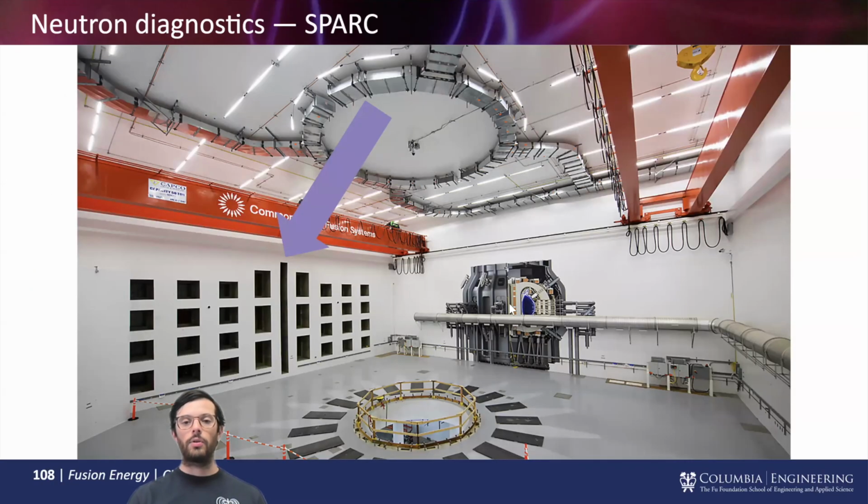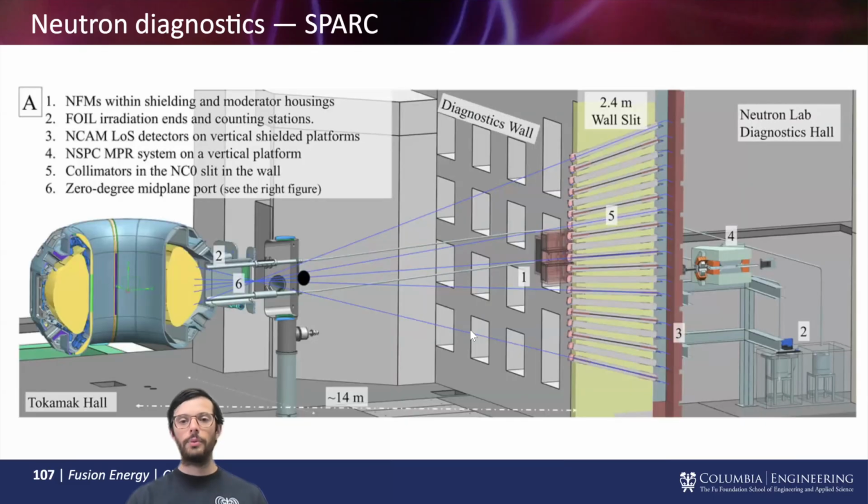So this sticker on the wall is the tokamak, but it will be in the center. And this massive slit in the diagnostics wall, I think this wall is like 6 feet thick of concrete, something like that. It's very significant. But this big vertical opening is for neutrons. And what they're doing is they have all of these neutron detectors lined up like this, and it's kind of like a lens.